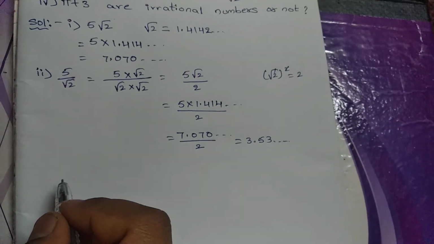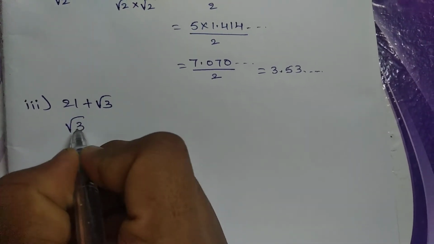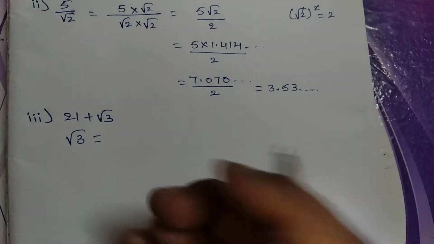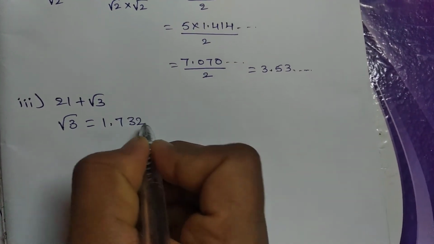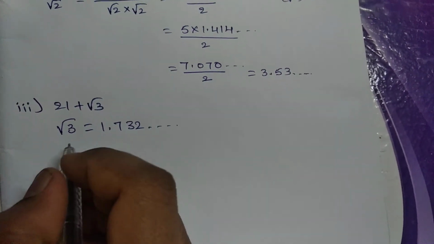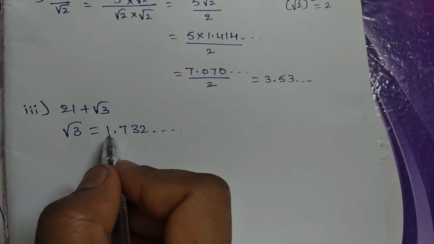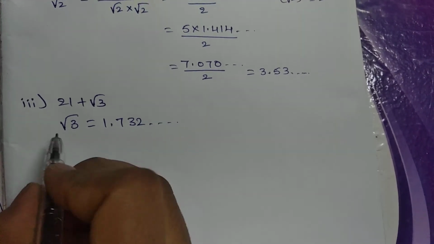Now the third one. What is the root 3 value? Same as the root 2 problem, the root 3 value is 1.732 and so on. By using the long division method we find the same number, 1.732.